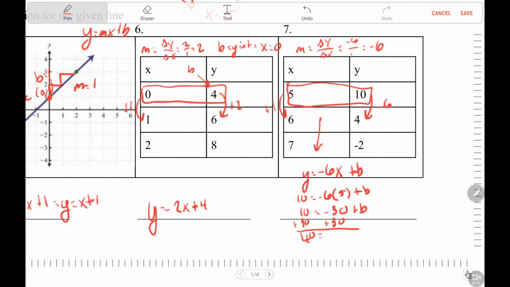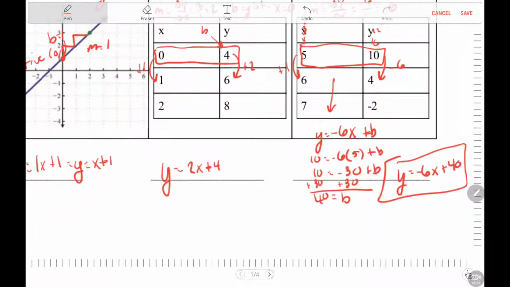So 40 equals b. So your final answer is y equals negative 6x plus 40. And you could have also done that by going 4, 3, 2, 1, 0, and then counting backwards 16, 22, and so on, and it would have ended up being 40. So either way works, whichever one you like better, you're fine to use.